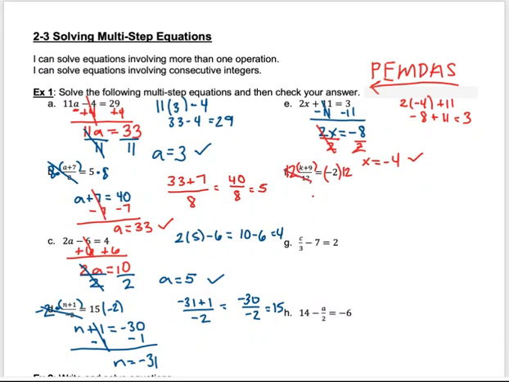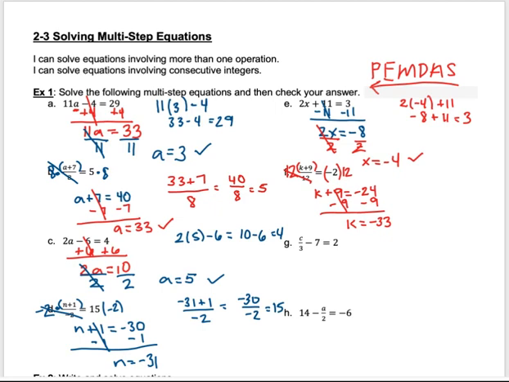So those 12 cancel out, and I get K plus 9 equals negative 24. Now I'm going to subtract 9 from both sides. And I get K equals negative 33.